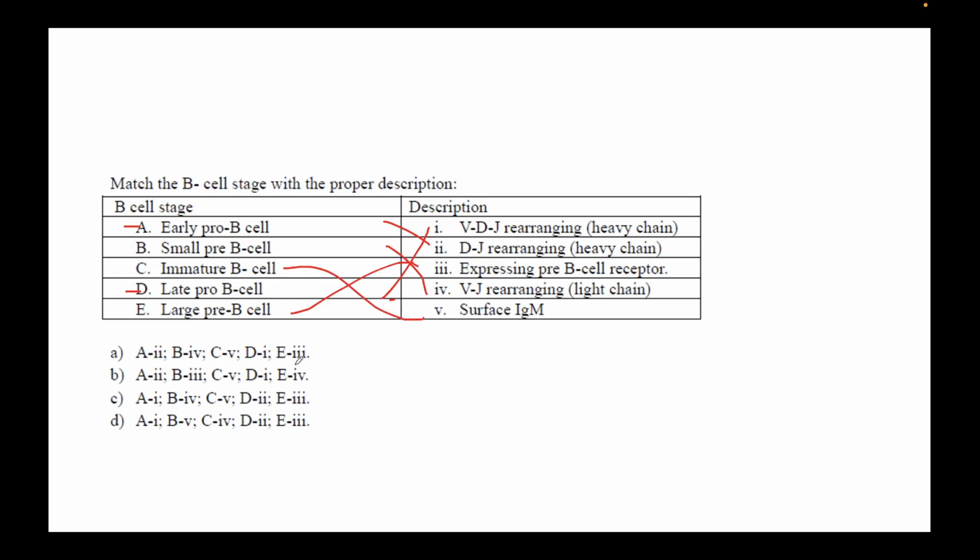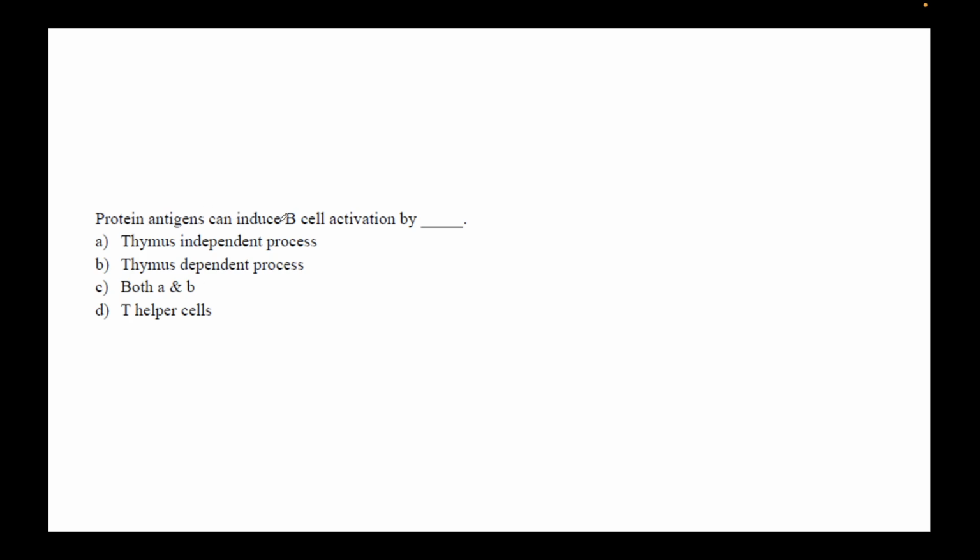B cell activation occurs in the lymph node. The origin and maturation both take place in the bone marrow, but the activation takes place in the lymph nodes. The protein antigen can induce B cell activation by the thymus independent or dependent pathway.